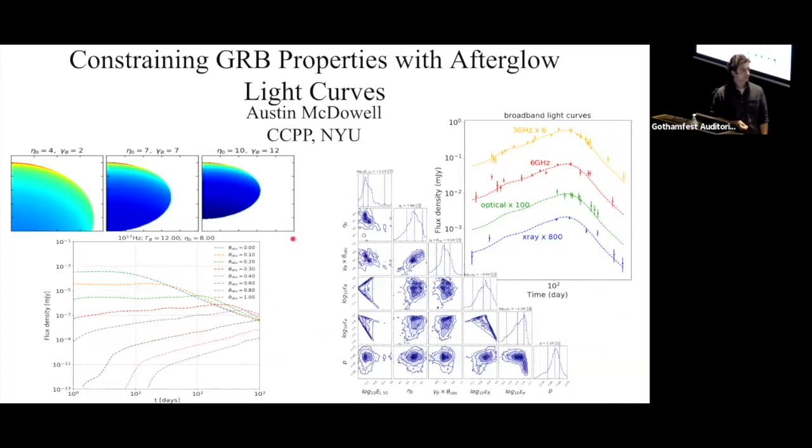That's what's shown over here, and I'll blow this picture up in a second. We can use MCMC to find the best fit for our data and constrain the model parameters. Some of those parameters are the energy of the gamma ray burst, the density of the surrounding medium, and also the angle that we're seeing this thing at.